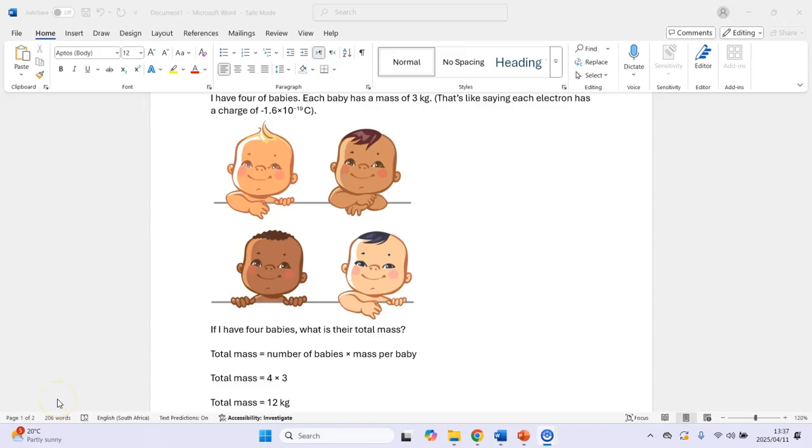If you find this concept confusing, let's look at an analogy. So let's say we have 4 babies and each baby has a mass of 3 kilograms. That's equivalent to us saying that we have electrons and each electron has a charge of minus 1.6 times 10 to the minus 19 coulombs.